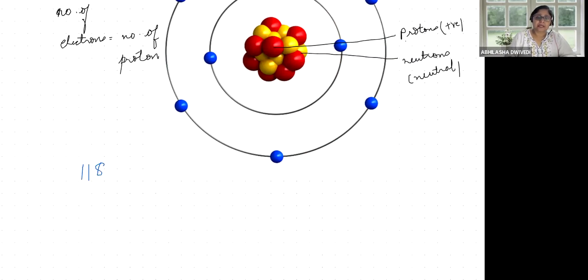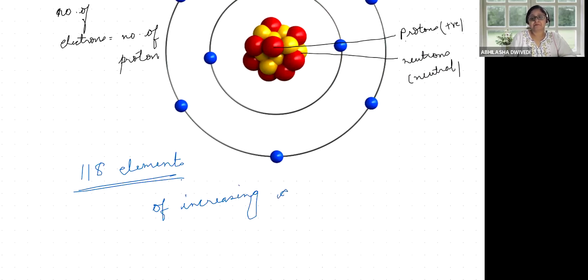And these elements are arranged, you might have guessed it correctly, in order of increasing atomic number. So that's why the atomic number is very important and it is always equal to the number of electrons.